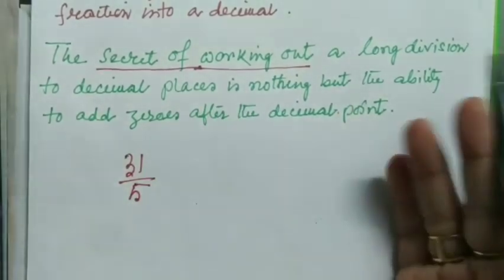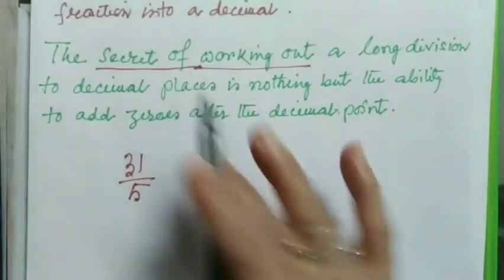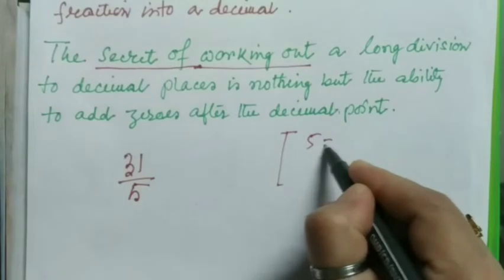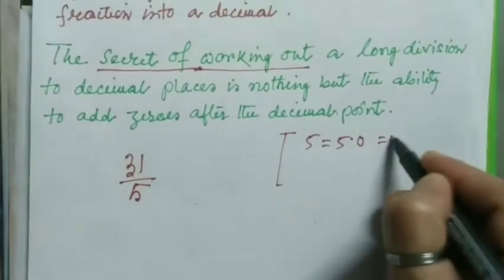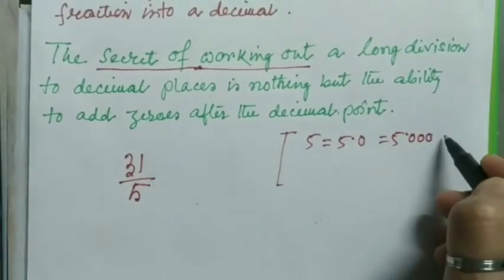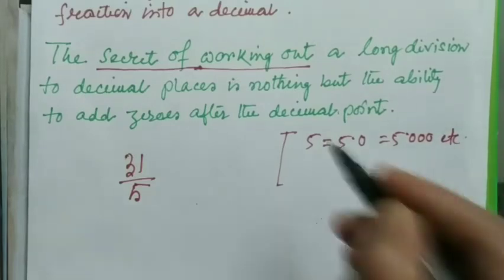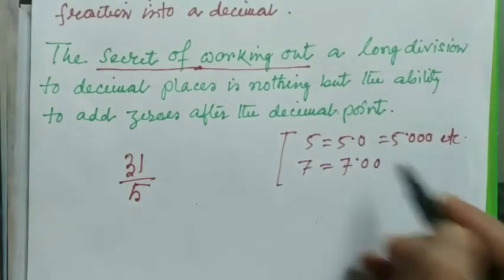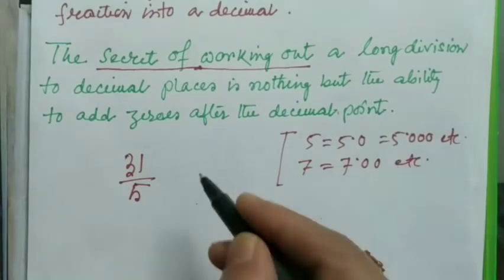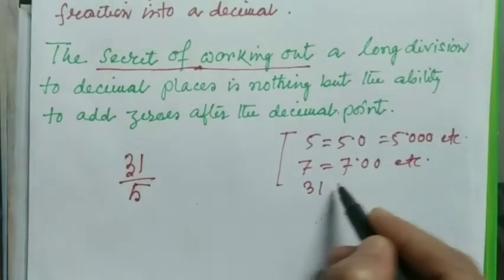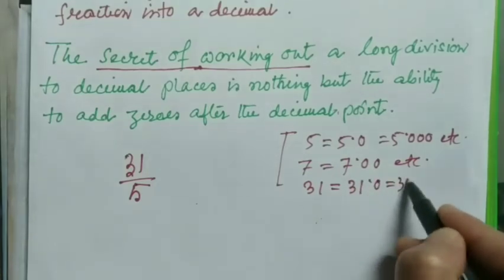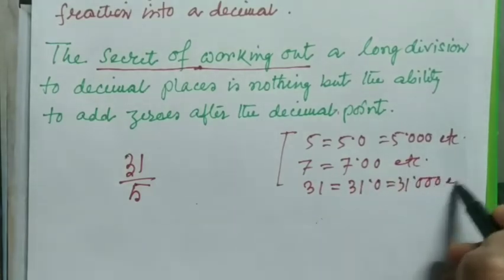As we know, every whole number can be written like, suppose if it is 5, we can write 5 is equal to 5.0 is equal to 5.000 etc. So we can write 7 is equal to 7.00 etc. And similarly 31 also can be written as 31 is equal to 31.0 is equal to 31.000 etc.